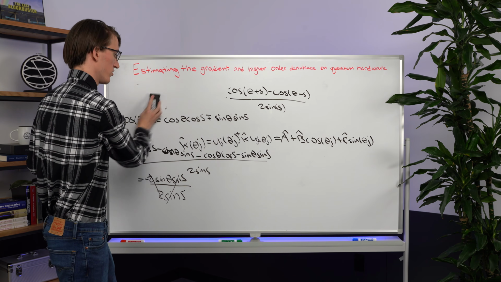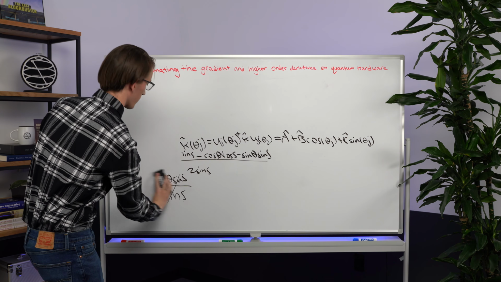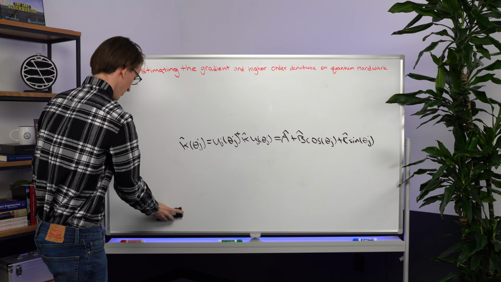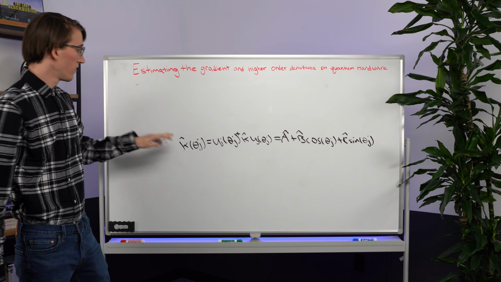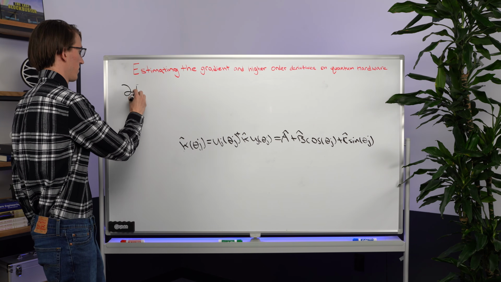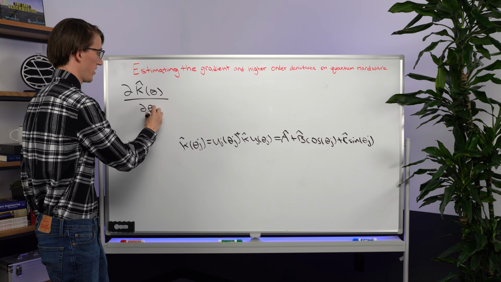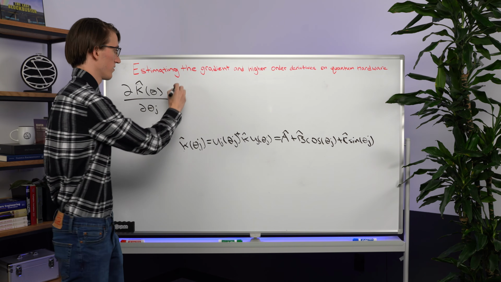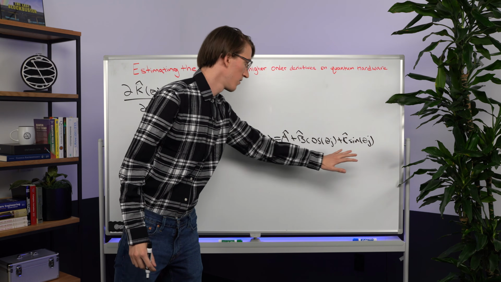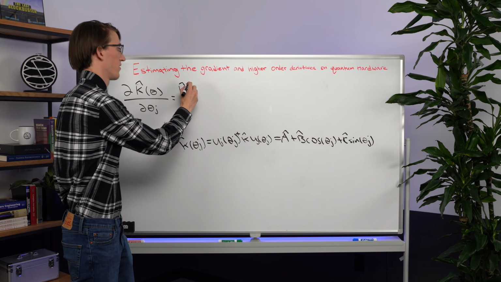So with this knowledge, we can now get exactly an equation that uses sampling to get the derivative of K. So now we can say that the derivative of K of theta with respect to theta j is equal to this K operation, because remember this K is just composed of cosine of theta and sine of theta, and we already just derived those.